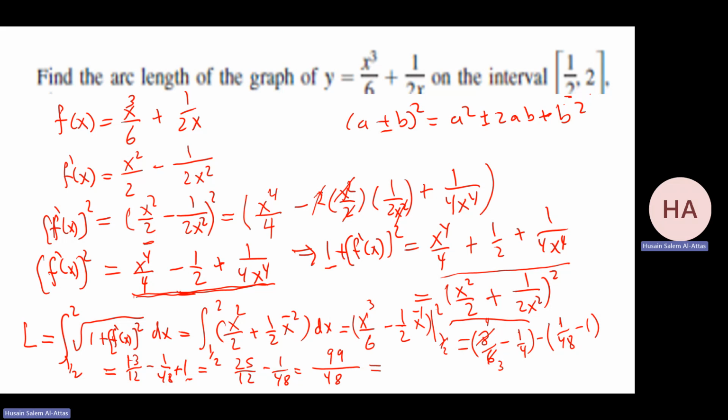Now substitution, I have 8 over 6. 2 to the right, that will be minus 1 over 4. Minus, when I put the half, I put 1 over 8, 1 over 48. The half, it will be 2 minus 1. That's correct. 4 over 3, 16 minus 3 over 12, 13 over 12. Minus 1 over 48 plus 1.